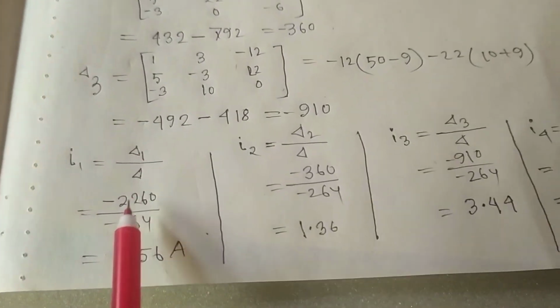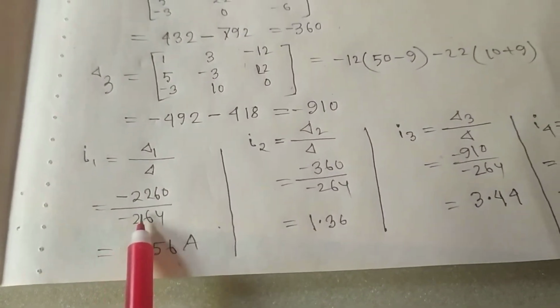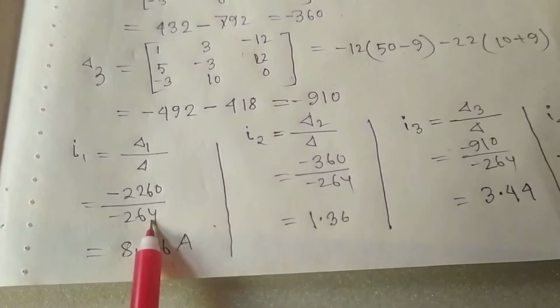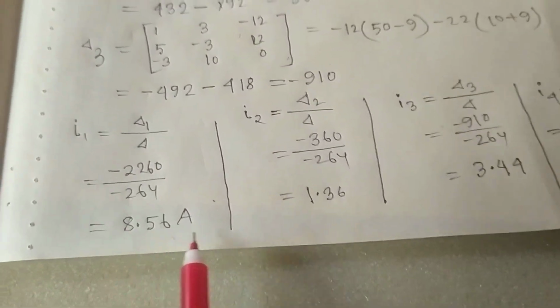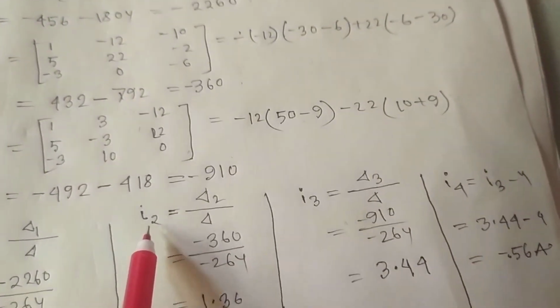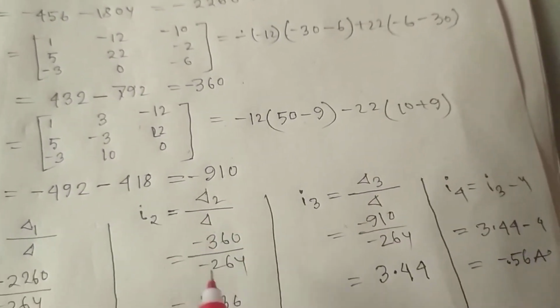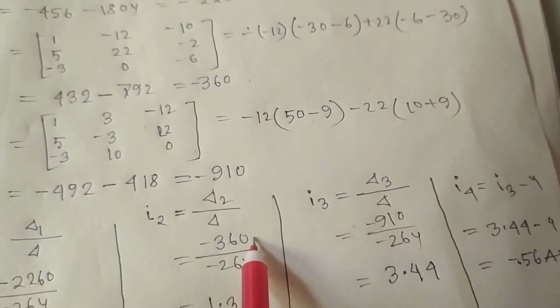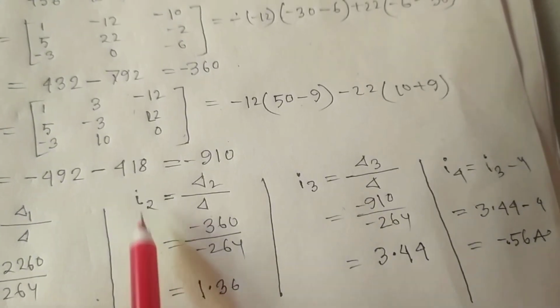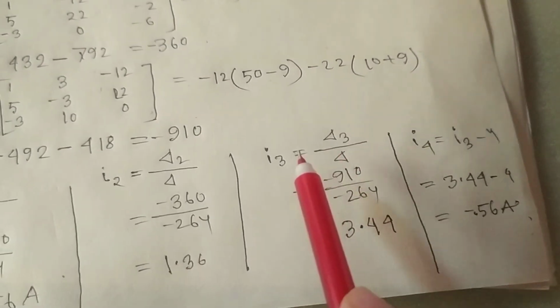I1 equals del 1 by del. I1 value is 8.56 ampere. Second, I2 equals del 2 by del. Easily calculate I2 equals 3.36.